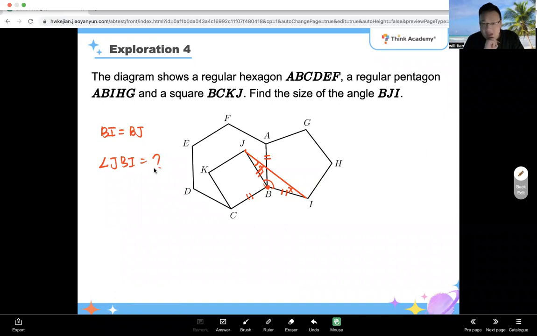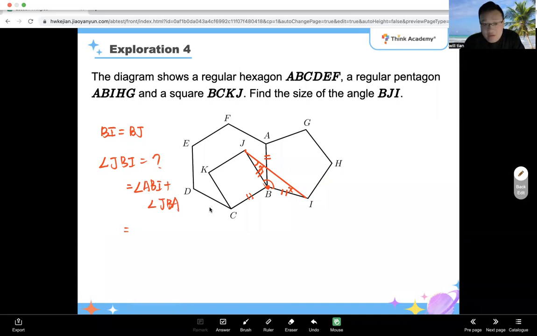You will find that JBI consists of 2 parts. One is ABI, which is just one of the interior angles of this pentagon. Another part is ABJ. So JBI equals the sum of angle ABI adding JBA.